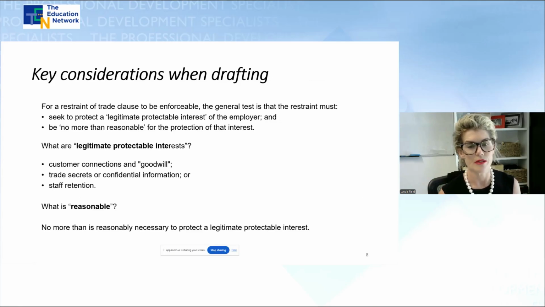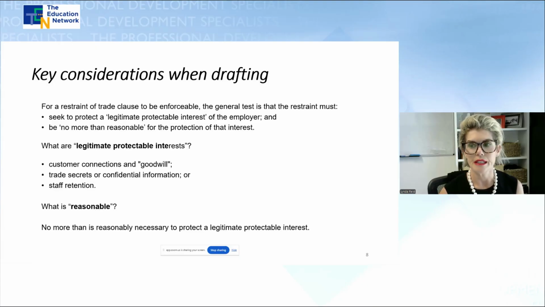It's always used. This is just what we do, but it is good practice, particularly if you want a restraint to be enforceable, and particularly if this is somebody who is really important to the business and the value of the business, that we're actually turning our minds to what we're trying to achieve with the restraint.